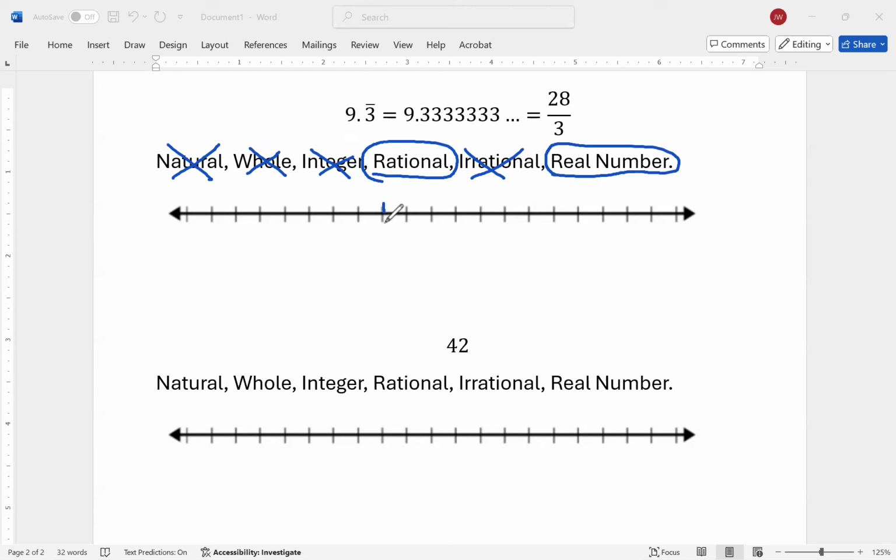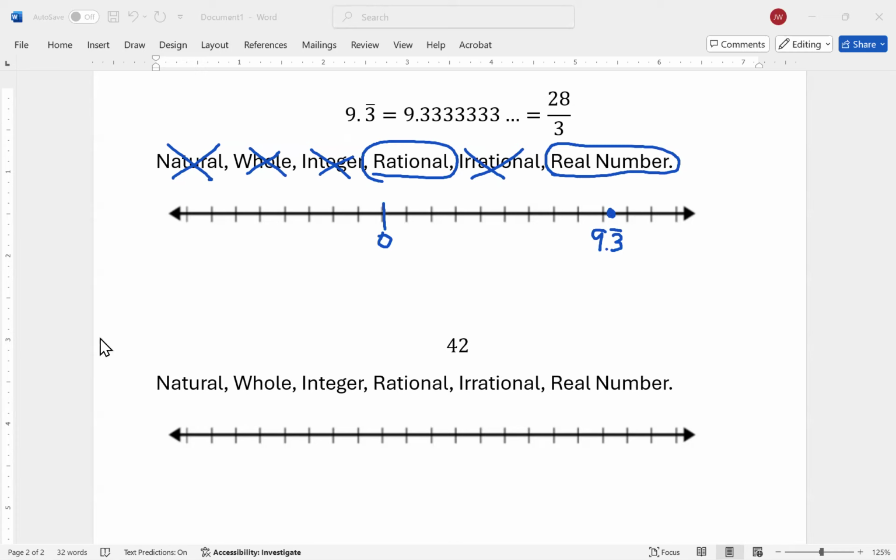And once again, I'll just put 0 somewhere and go a little bit over 9 units to the right. So 9.3 repeating is somewhere over here. It is a positive 9.3 repeating. So there you go on 9.3 repeating.